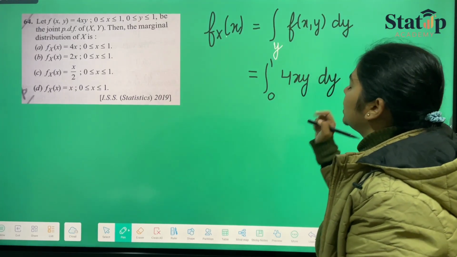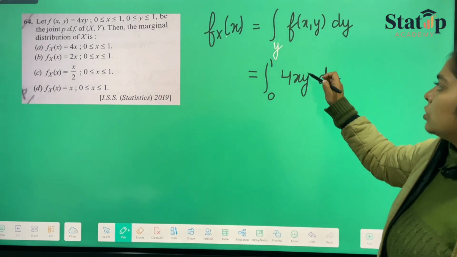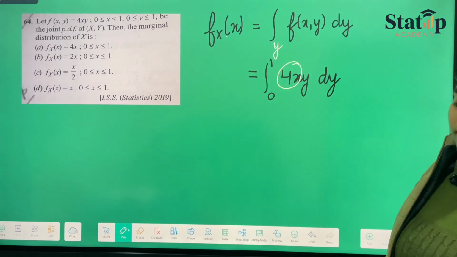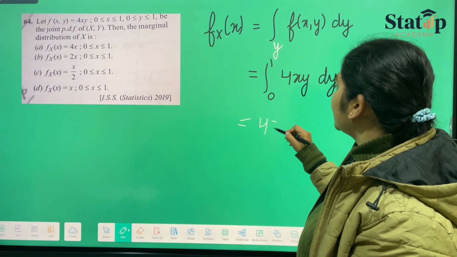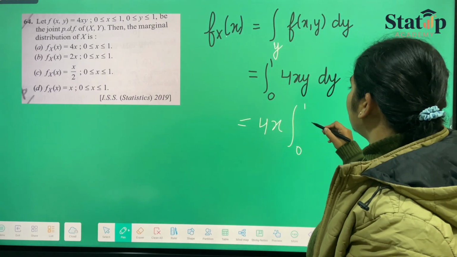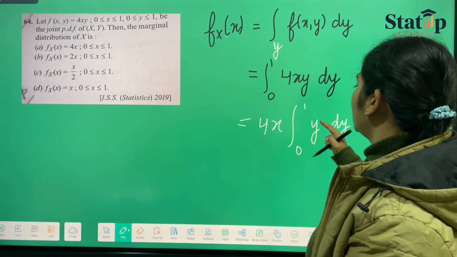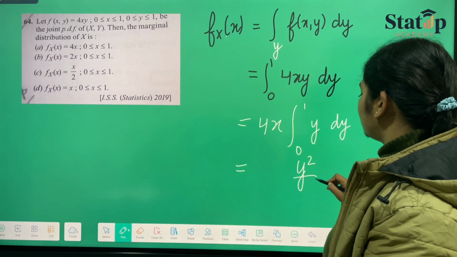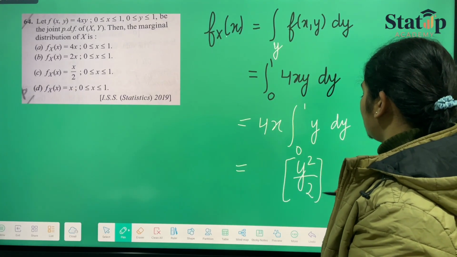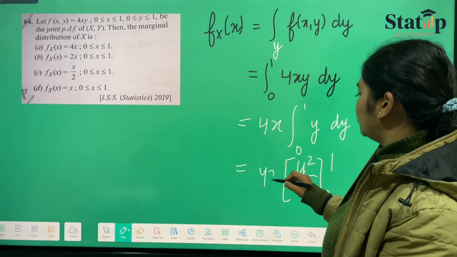Now we have to integrate this with respect to y. So this 4x will be considered as a constant, so we'll take it outside. So it will be 4x times the integration from 0 to 1 of y dy. Now this y when integrated will give us y square by 2 with the limits 0 and 1, and 4x.